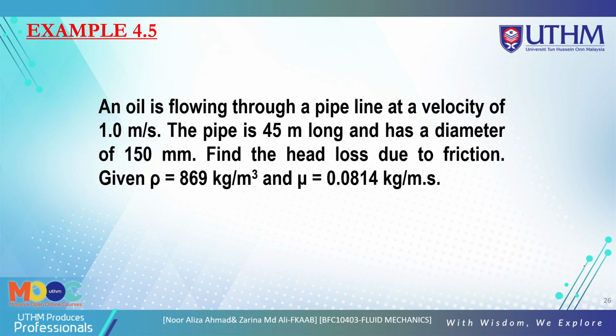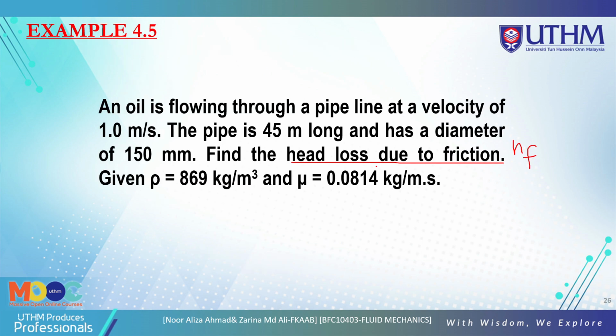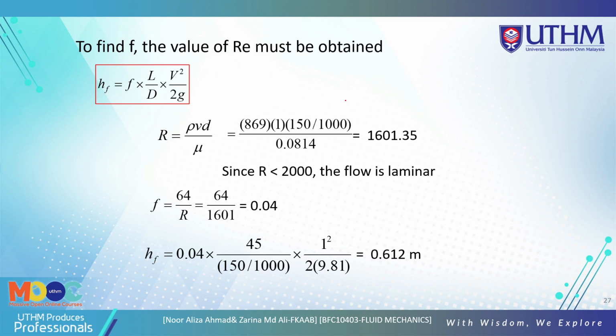Now look at example 4.4. Find the head loss due to friction, mentioned here as HF. To find F, the Reynolds number must be obtained. Put the values here and you get the Reynolds number is less than 2000, so the flow is laminar.